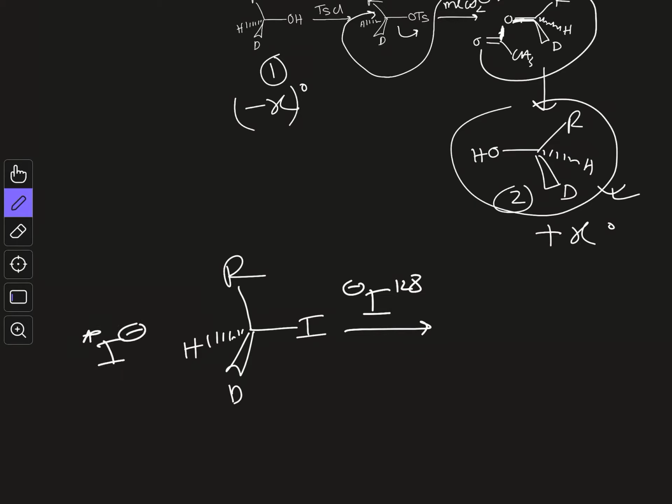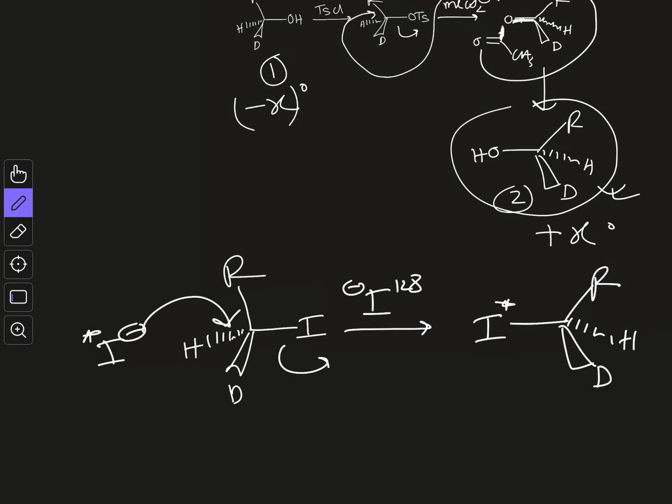So if we do SN2 reaction with this, what will happen? It will attack here and inversion will take place. So we will get I star, and here we will have R, we will have hydrogen, we will have deuterium. So inversion occurs, and it is radioactive iodine.